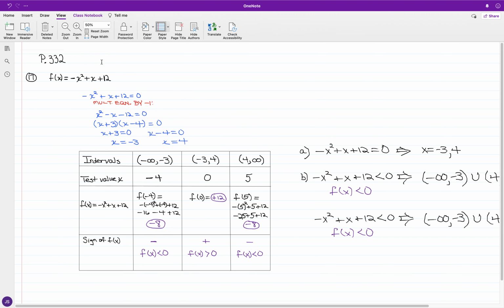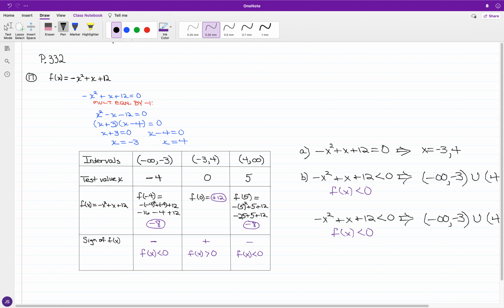Again, this time we have f of x less than or equal to 0, and direction-wise, it'll be the same as f of x less than 0.